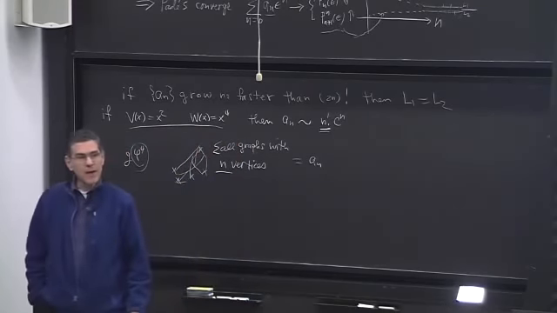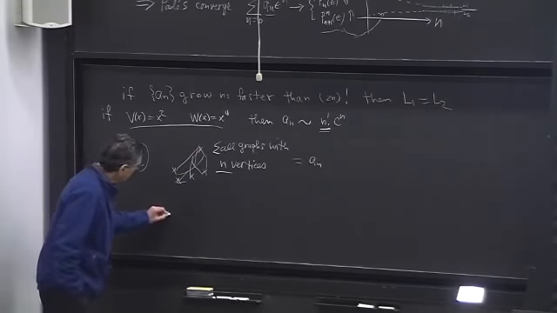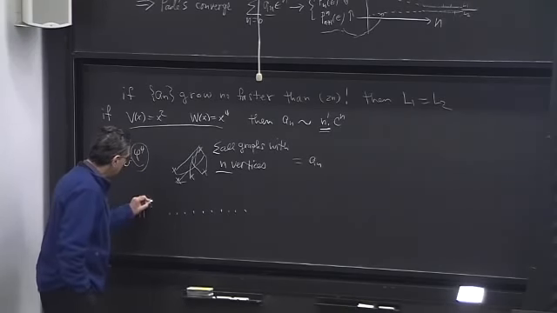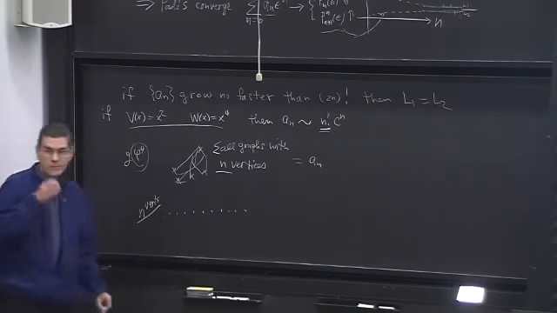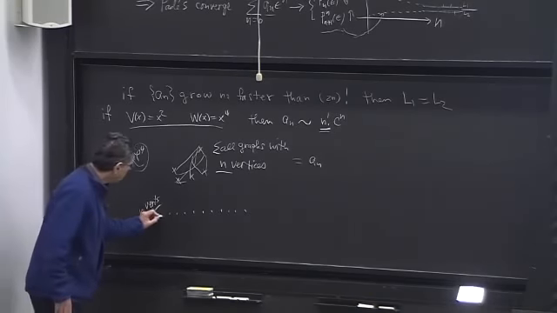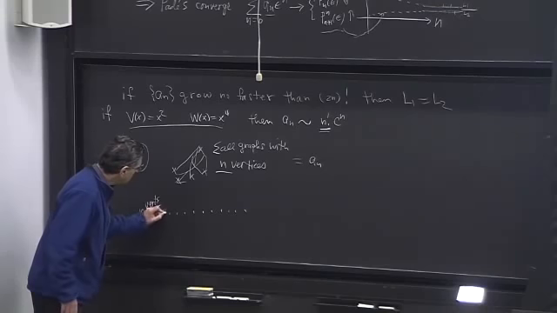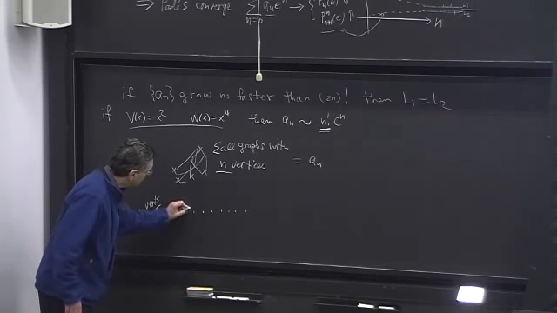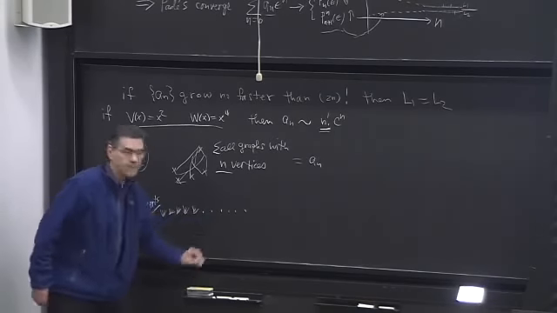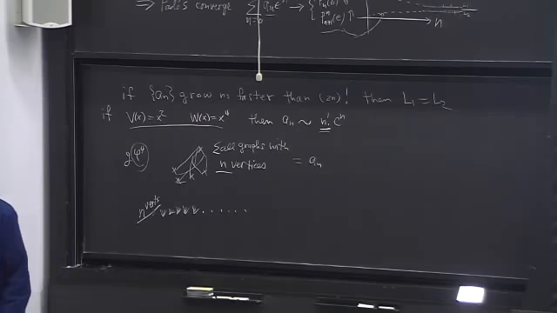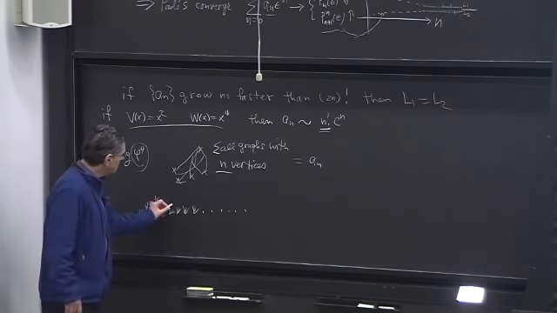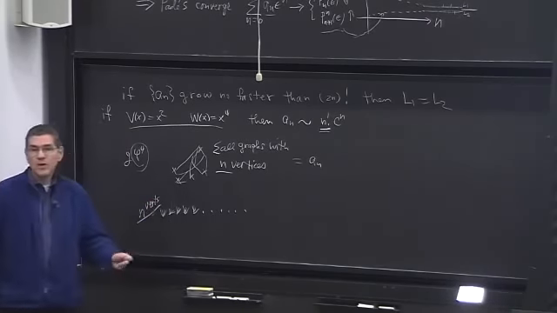So let's imagine that you have n vertices, and each vertex has 4 lines coming out of it like this. Now, if you were to try to construct all the graphs, of course, there might be some external lines coming out, but there's only a finite number of them.